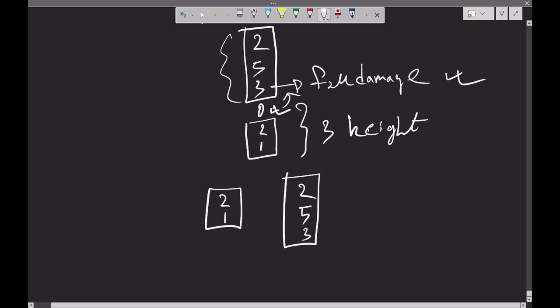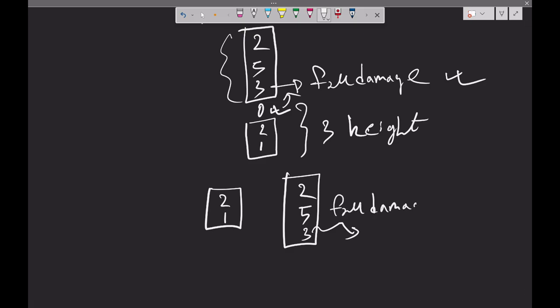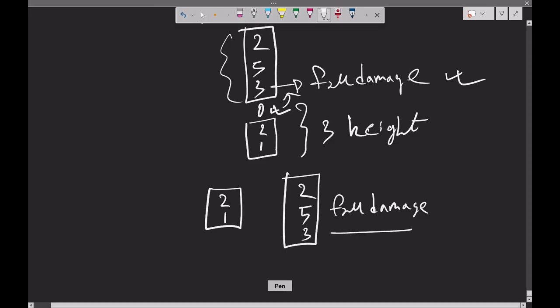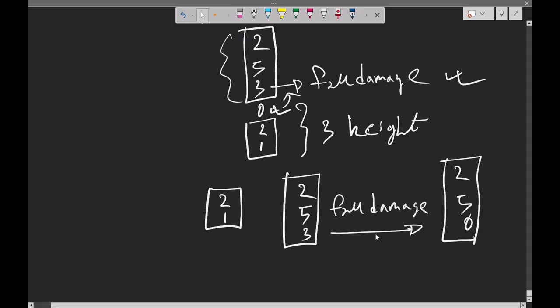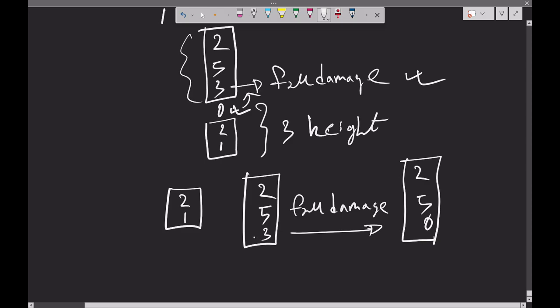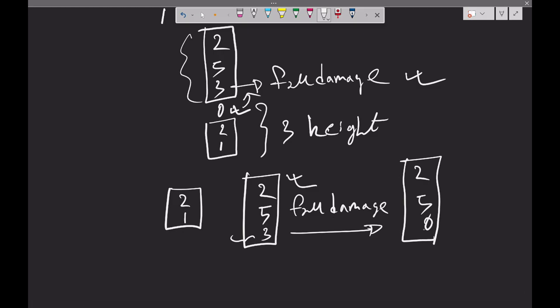Now this will receive fall damage. After the fall damage, the elements become 2 5 0 and 2 5 0, right? So the current bottom element of this segment becomes 0 as a result of fall damage.